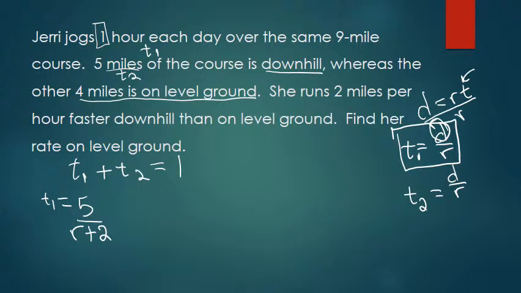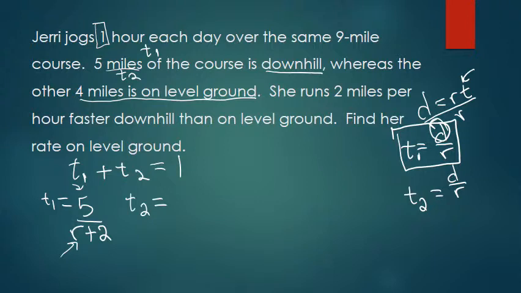You can label it with whatever you like. And I put the d that they gave me, which is 5, and the rate, which I've established as r, that's my standard rate, plus the 2 miles per hour faster for going downhill. So that's my T1.